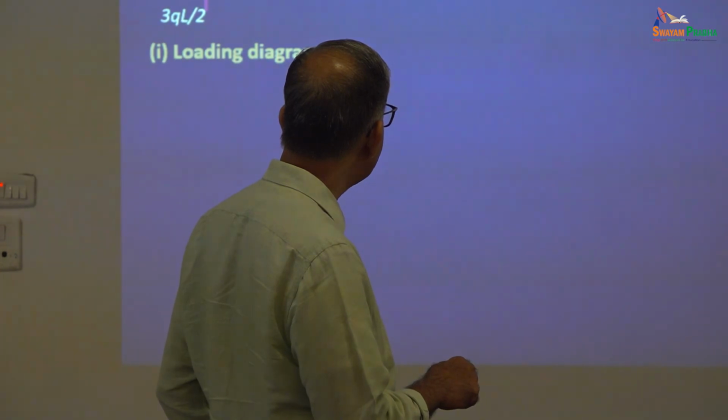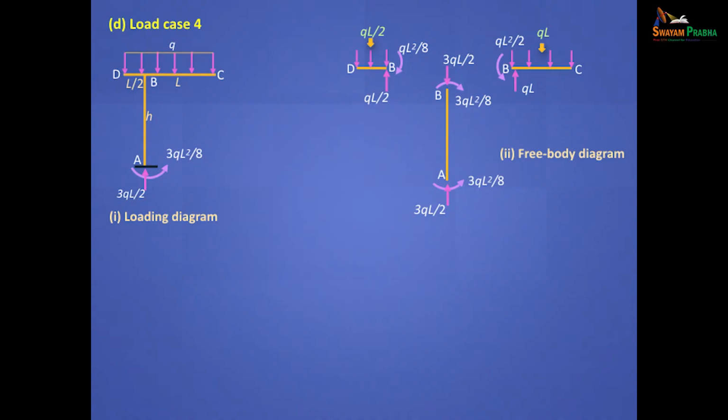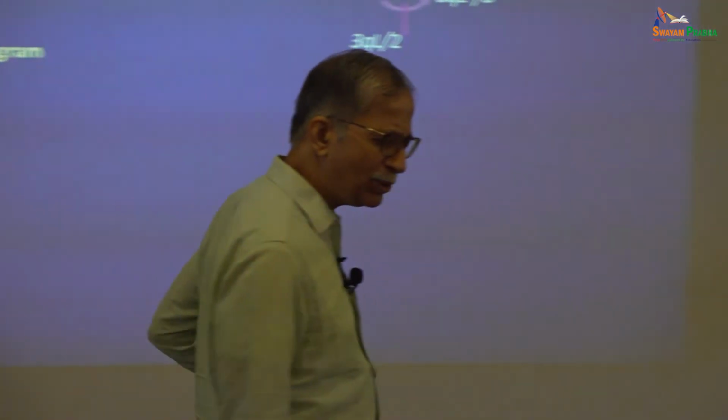QL and QL by 2 will get reversed with 3QL by 2, and QL squared by 2 minus QL squared by 8 is 3QL squared by 8. Direction also should match, and then you come here and balance these two. That's how you do it. You must be sure that you don't need someone else to check your answer. Why? You've got always an equilibrium check yourself.